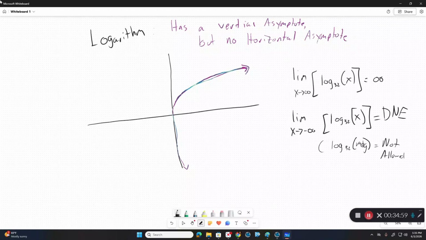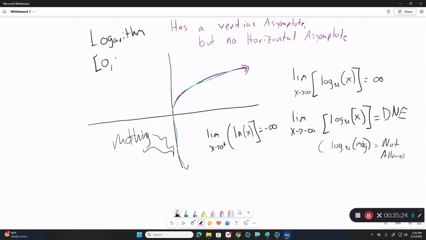Now, this vertical asymptote, once again, notice it is the limit as x approaches zero only from the right, because there's nothing over here. It's outside of the domain. Reminder, the logarithm has a domain typically from 0 to positive infinity.